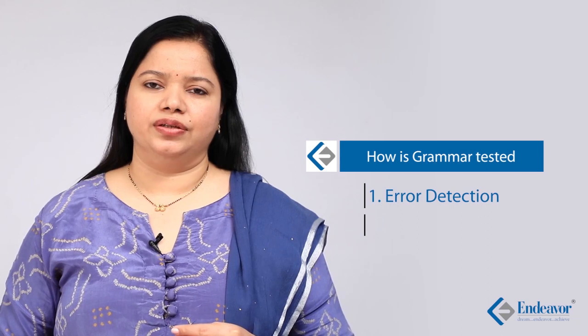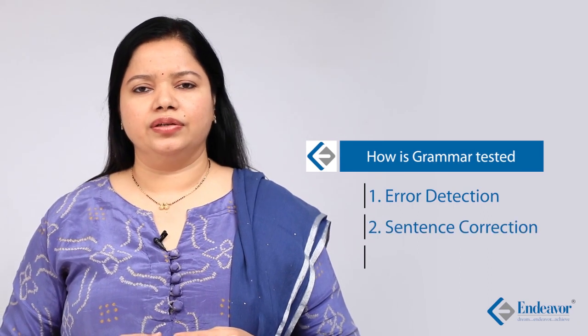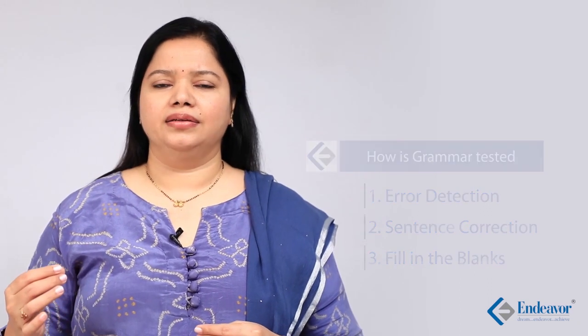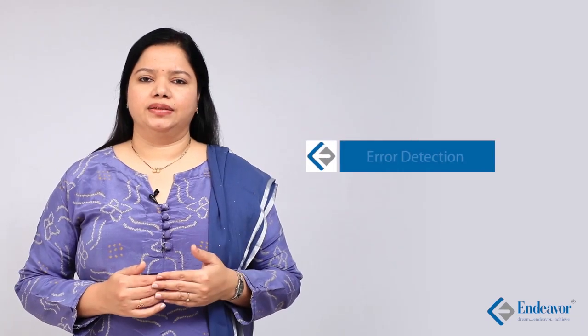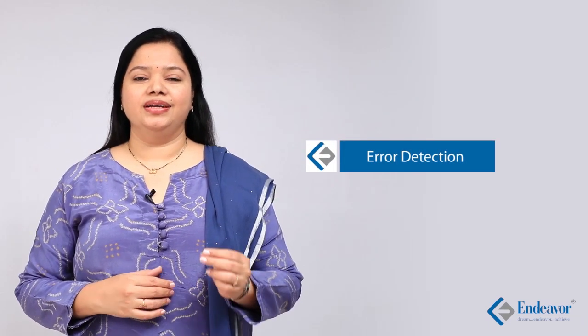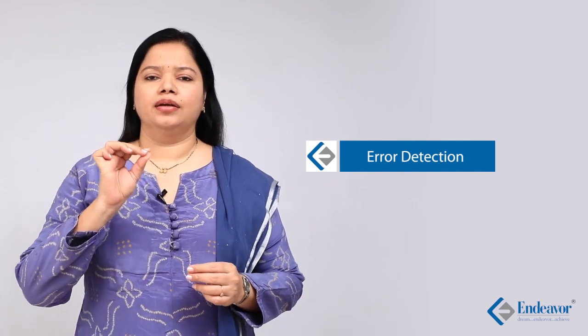There are 3 major formats, and they are error detection, sentence correction, fill in the blank. What do you mean by error detection? Error detection is a question type where you are simply expected to detect where an error has occurred.